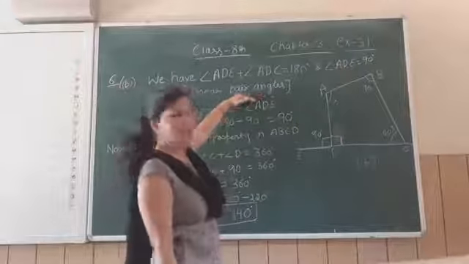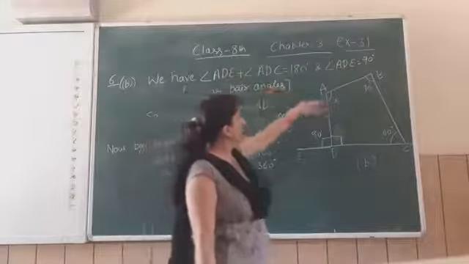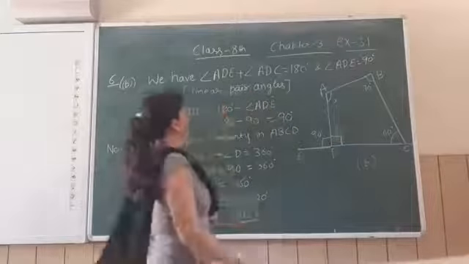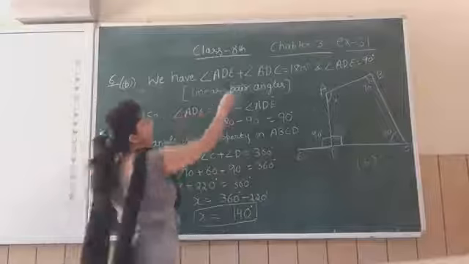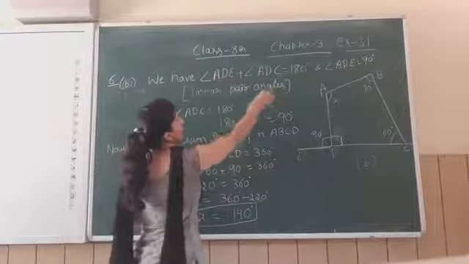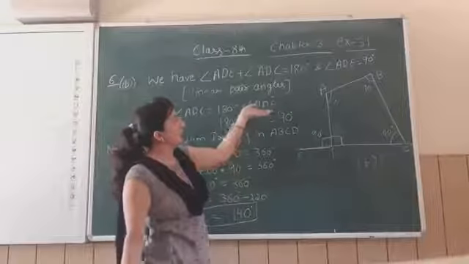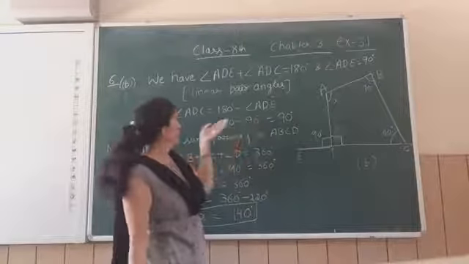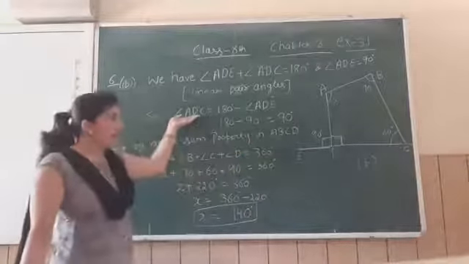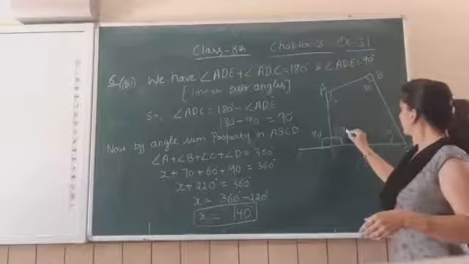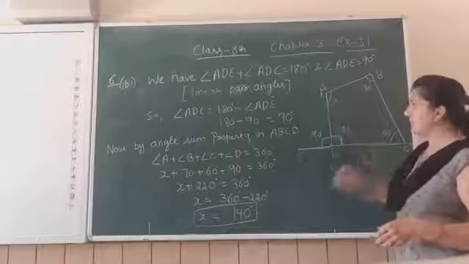Why? Because these are linear pair angles, and angle ADE is equal to 90 degrees. So angle ADC, from here it goes to this side, positive becomes negative, and we put the value of angle ADE. ADE is 90, so angle ADC is 90 degrees.